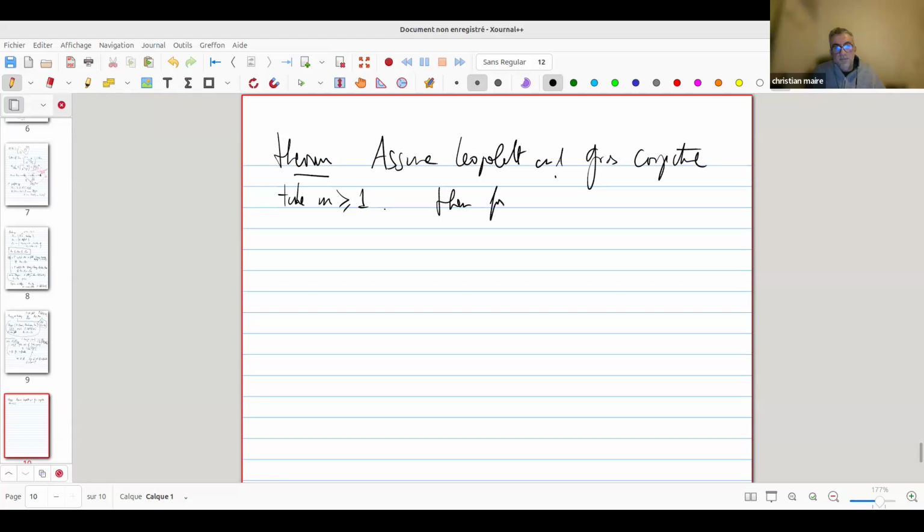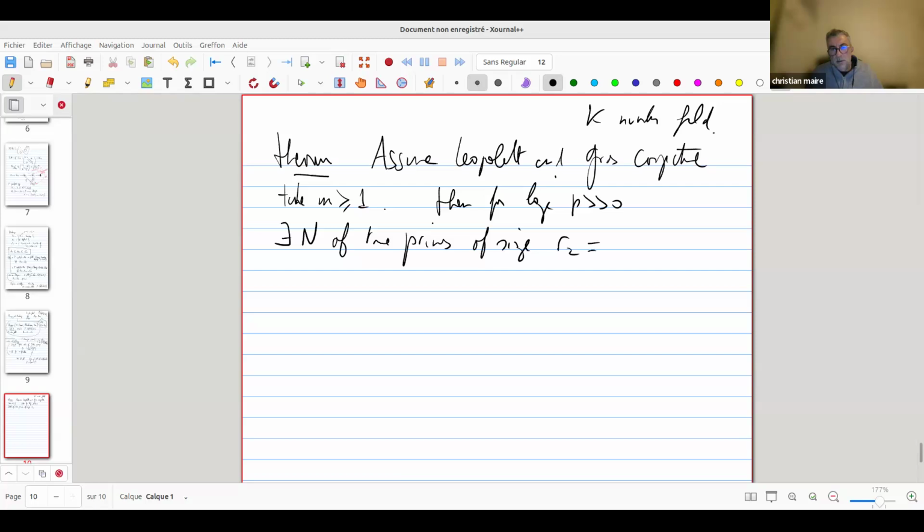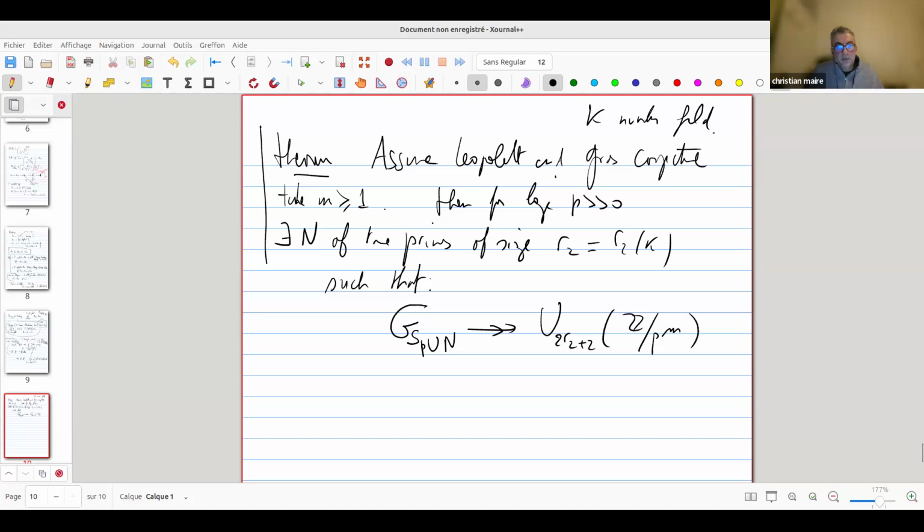Then for large p, with K fixed, there exists a set N of primes of size r_2, where r_2 is the number of complex embeddings of K, such that the extension ramified in p, eventually in N, maps onto U_m of 2r_2 plus 2, Z mod p. This is our result.